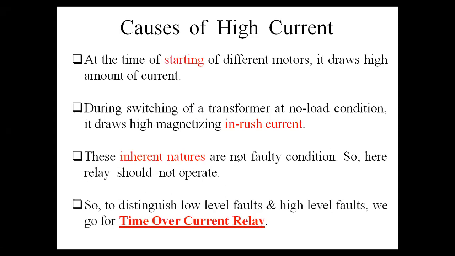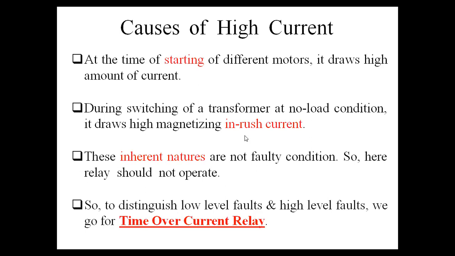As this is a high value of current, if we apply an instantaneous relay which has a pickup level of, suppose, 10 ampere, then for starting of a motor or a transformer it may maloperate. If the pickup level for the instantaneous relay is kept low, say 10 ampere, and the inrush or starting current becomes 11 or 20 ampere, then this relay may operate.